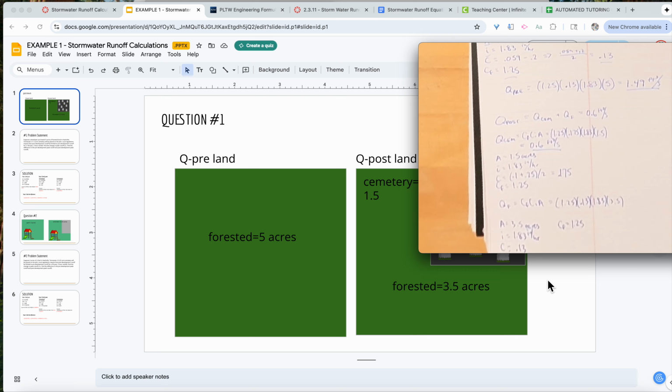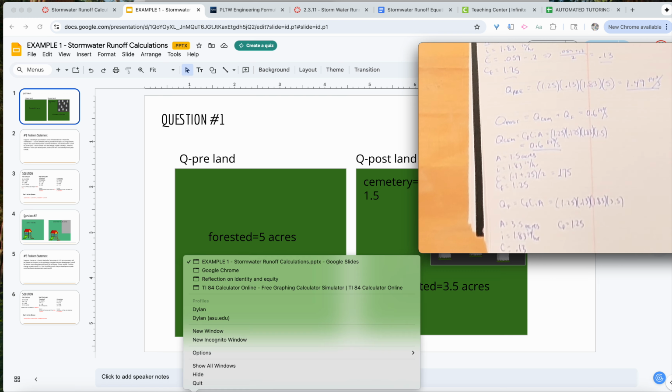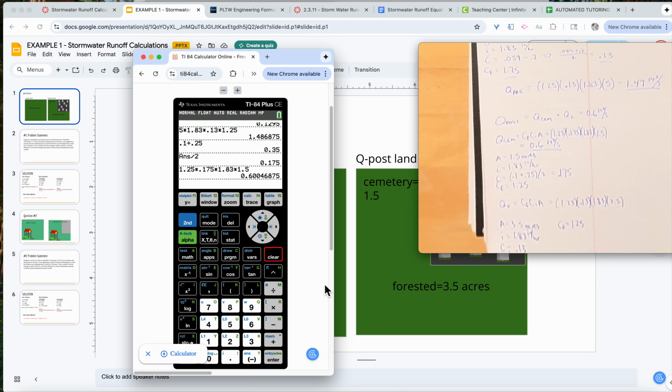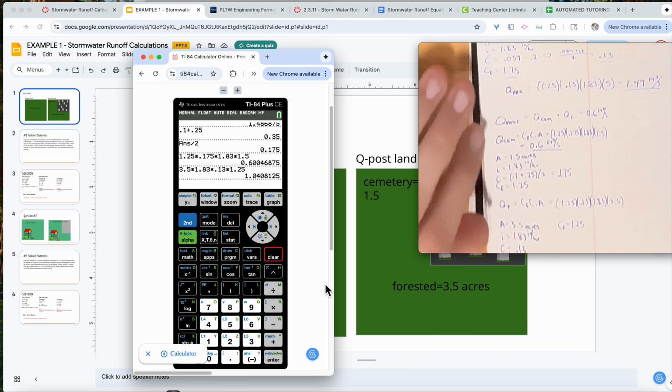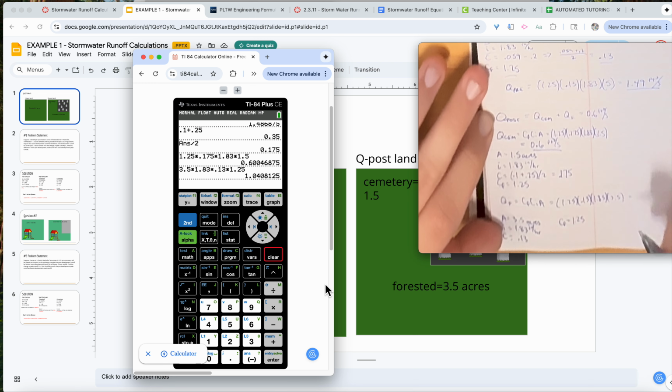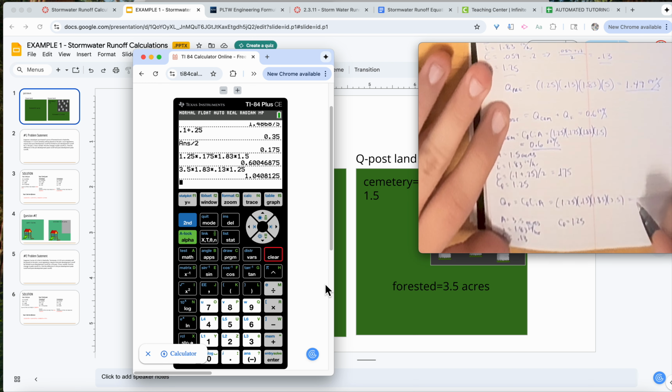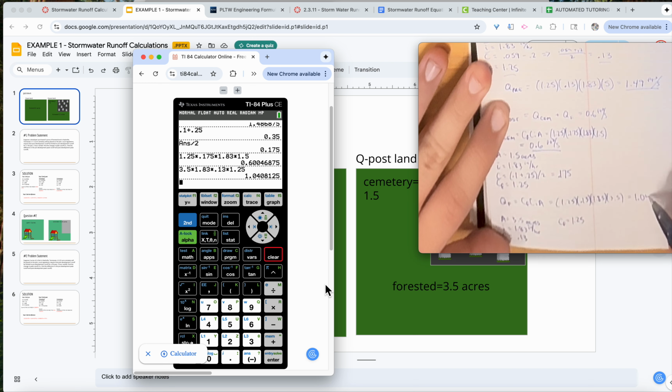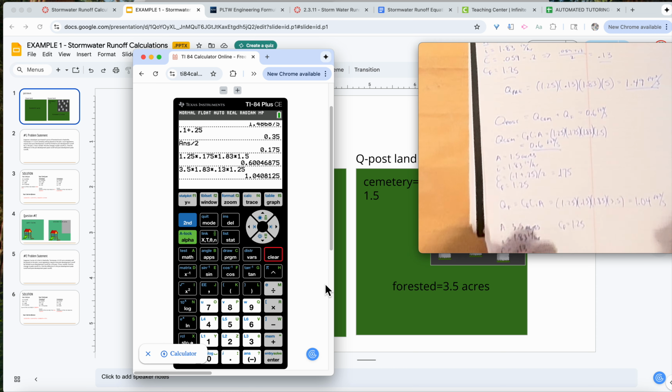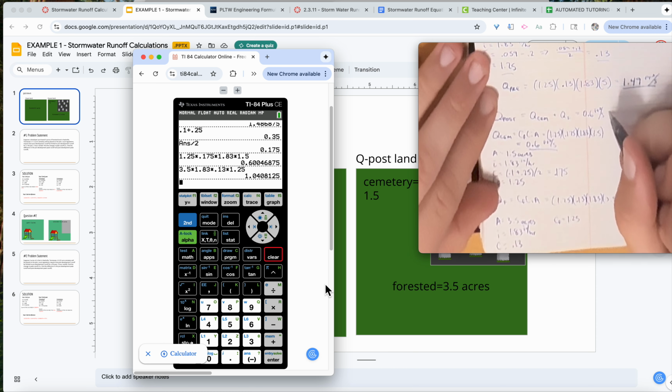So we can go 3.5 times 1.83 times 0.13 times 1.25. What we'll find is the Q value for the farmland in this post-development situation is 1.04 cubic feet per second.